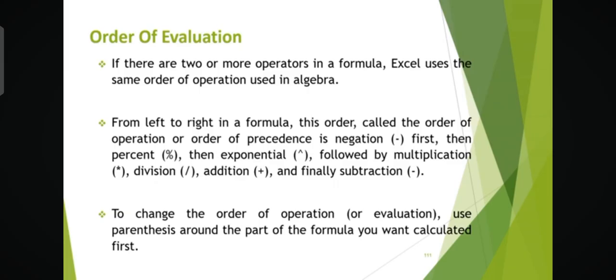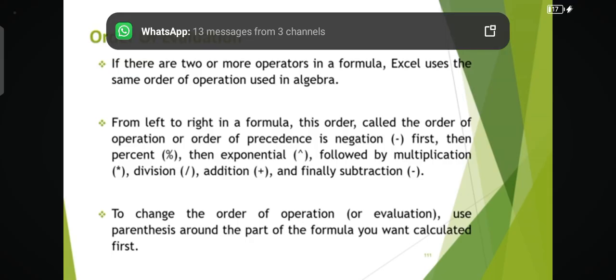When we are doing negation, like we want to make something negative, we consider the negation first, which is a minus. Then what follows is percentage, then exponents, then multiplication and division, then addition, and then subtraction.